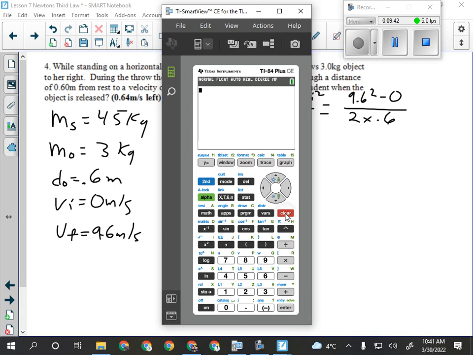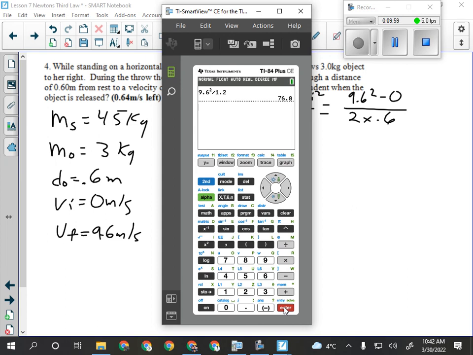So I've got 9.6 squared, and I'm going to divide that by 2 times 0.6, which is going to be 1.2. All right, so I'm getting an acceleration here of 76.8 meters per second squared.